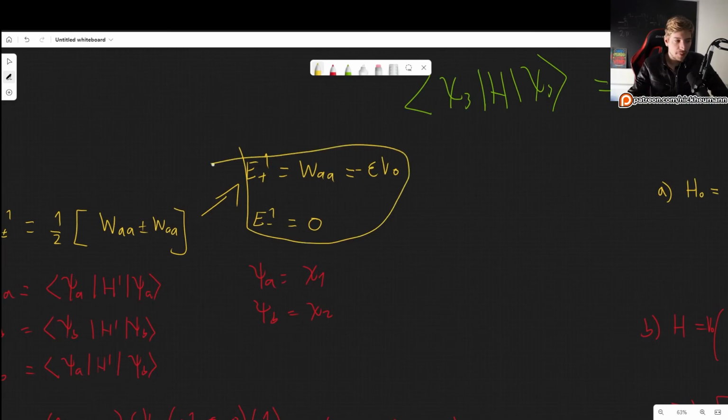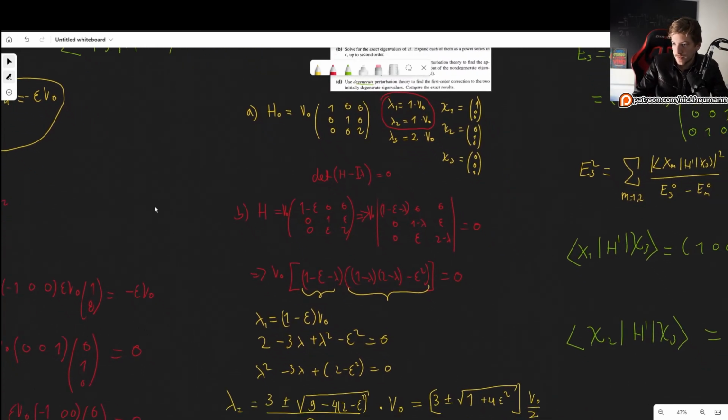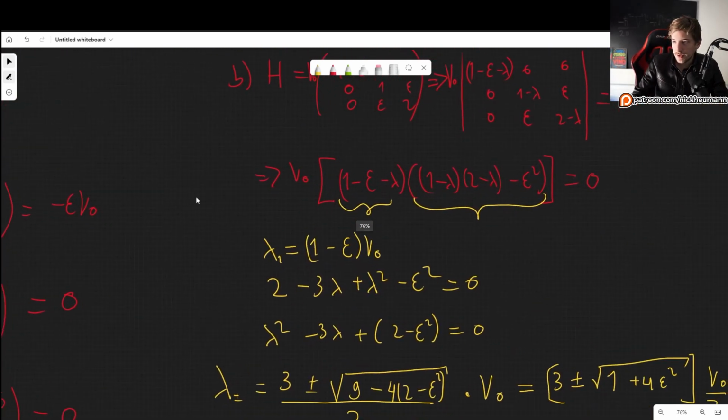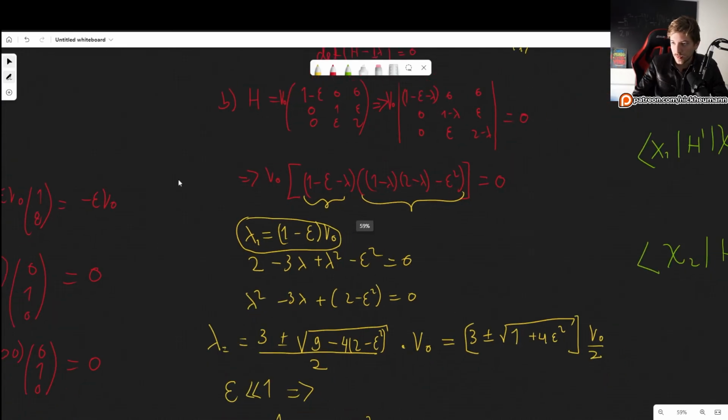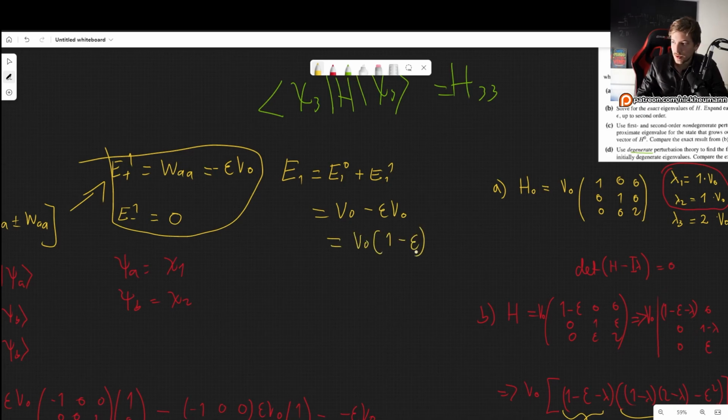So how do they compare to what we found previously? Before, we found one of our states to be V0 times (1 minus epsilon), which is precisely consistent with this, because the energy is the unperturbed energy plus the first order correction. The unperturbed energy was V0, this correction is minus epsilon V0, so we end up with V0 times (1 minus epsilon).